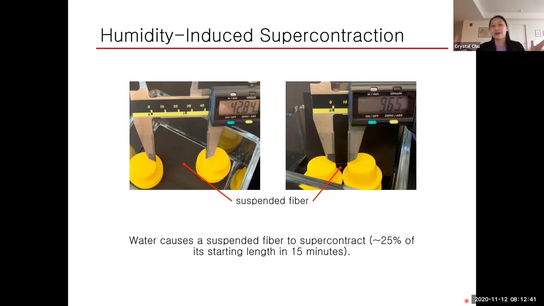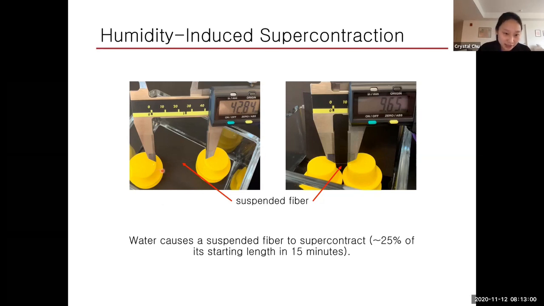And this dries out and forms this dry, stable fiber. But when we reintroduce water into the system via humidity, we start to observe potentially that this humidity is disrupting the interactions in our structure and leading to an entropically induced supercontraction of our fiber.